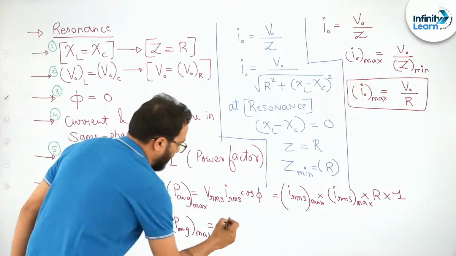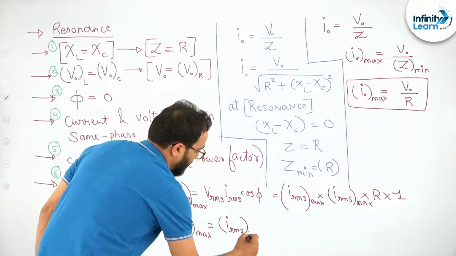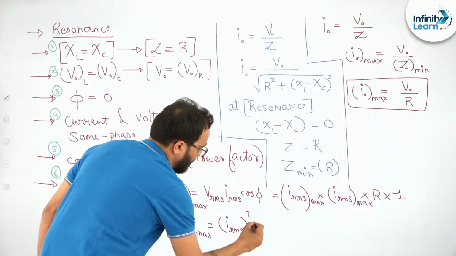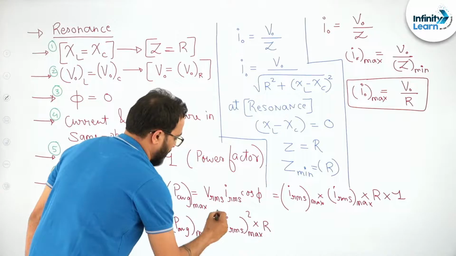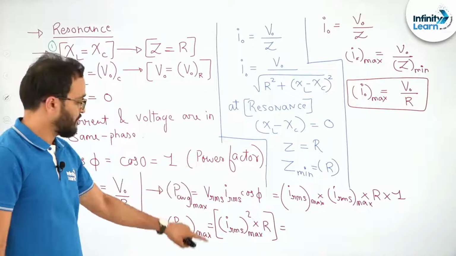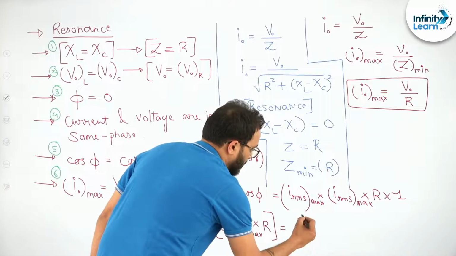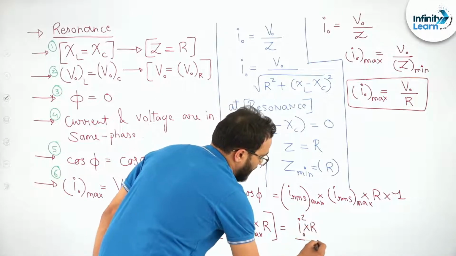So we will say it will become IRMS maximum value whole square into R. Now this is the maximum value of the power also. So you can say it is I naught square into R by 2.